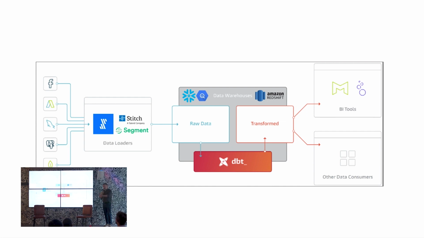Taking a step back, I think you probably all recognize this image. This was the classic architecture diagram that Fishtown put out a few years ago that talks about the modern data stack. The idea was that instead of all these monolithic BI tools and very complex data warehouses with ETL routines, we had a very simple setup.